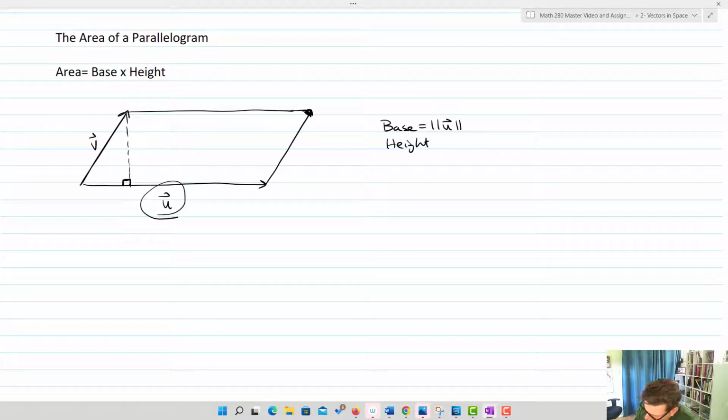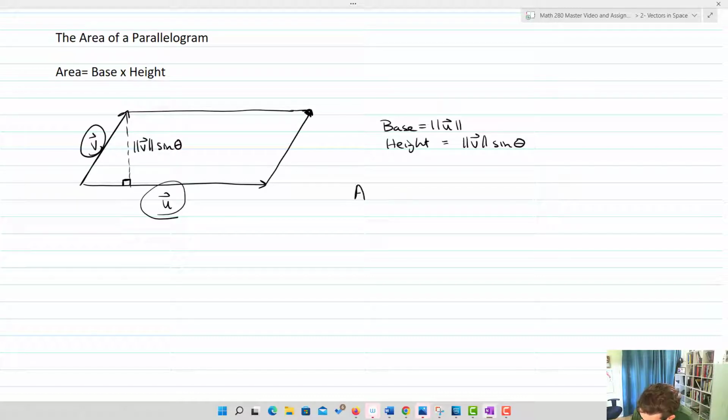And the height of the parallelogram is, oh look at that, we've seen it again, v sine theta, because v is this vector here, kind of like the radius of the circle. So the length of the highest side is v sine theta. Consequently, our height is v sine theta.